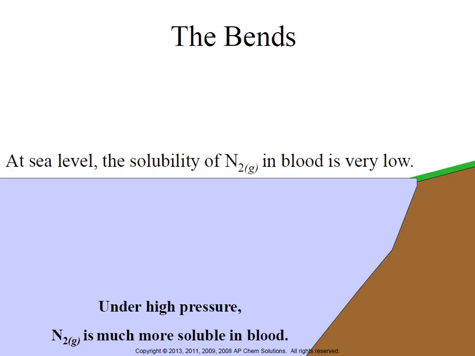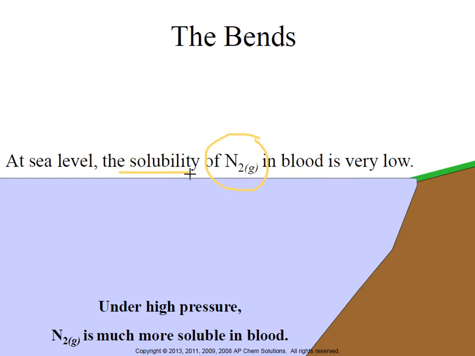All right, we'll look at an example of why this matters. In scuba diving, there is a condition called the bends, and it can be very dangerous. So we'll kind of explain what that is. At sea level, nitrogen, which we know makes up most of the gas in our atmosphere, the solubility of nitrogen in your blood is very low.